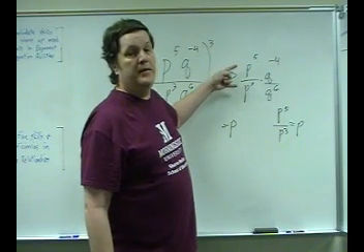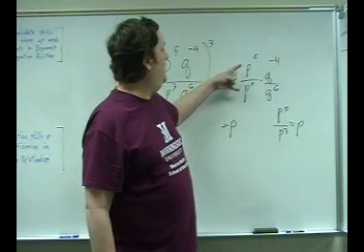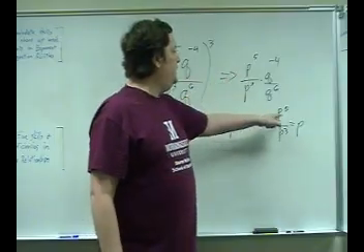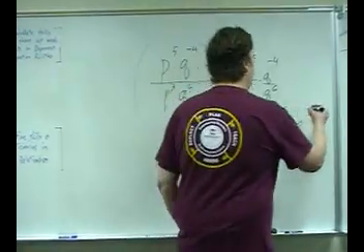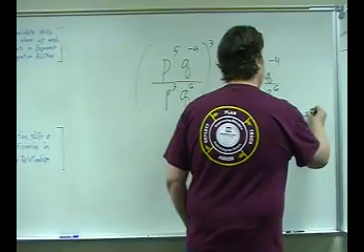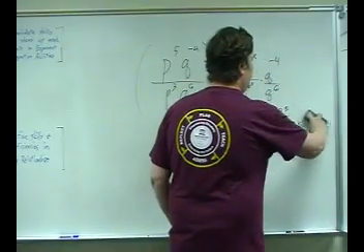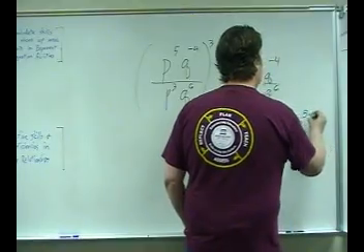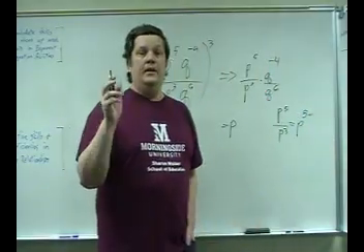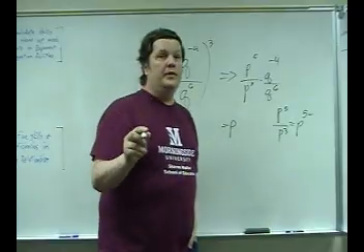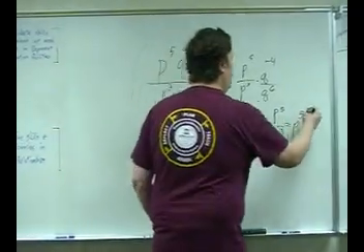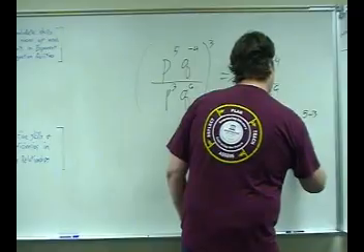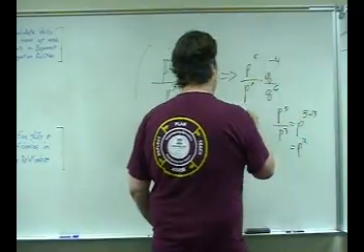We're not going to multiply, we're not going to add, we're going to subtract these. So that gives me p to the 5th, so that's p to the 5 minus, and again, notice I wrote the minus before I even looked at the bottom variable, 3. So that gives me p squared.